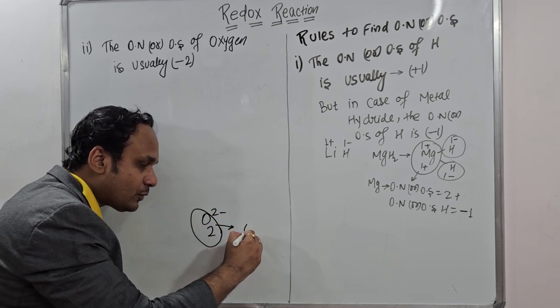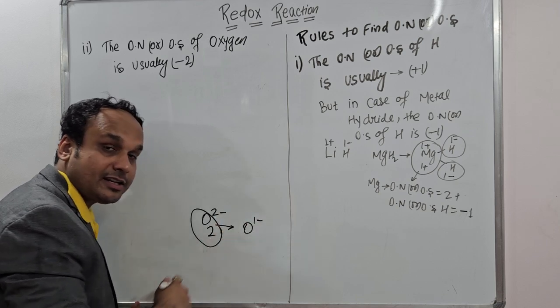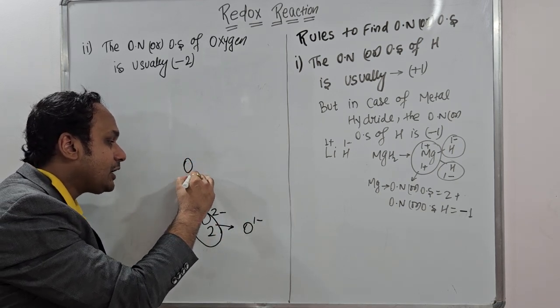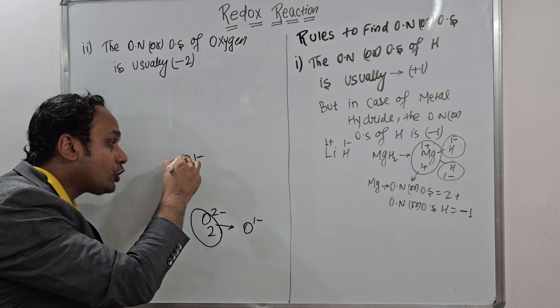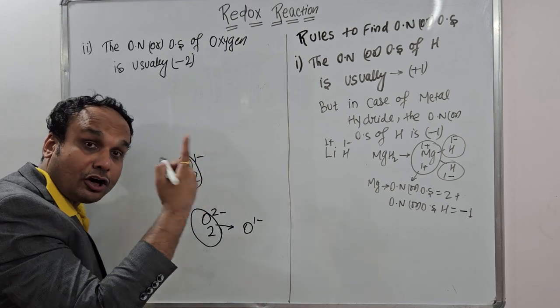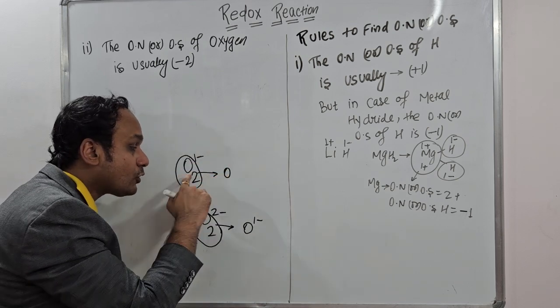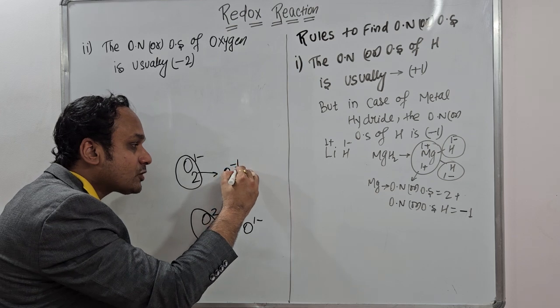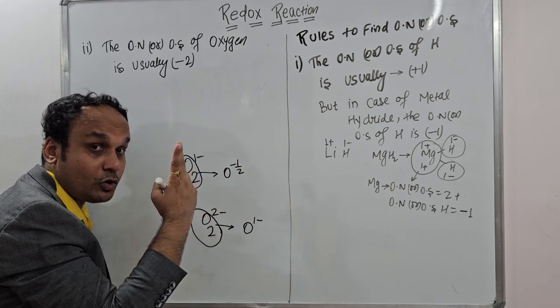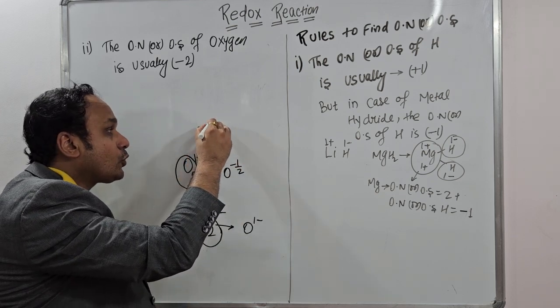So after breaking it, what is the charge on 1 oxygen? 1 minus. If I write O2 1 minus, on 2 oxygens there is a charge of 1 minus, so what is the charge on 1 oxygen? -1/2, half on 1 oxygen.